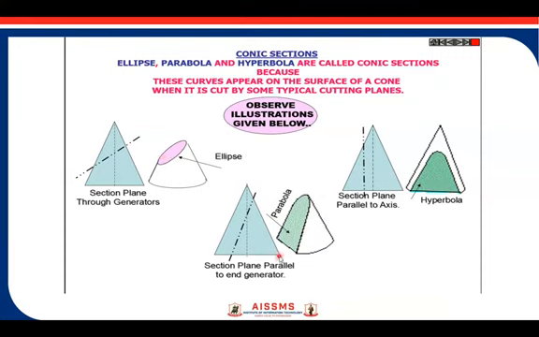For the parabola, when you are cutting the cone parallel to the generator, it will form a parabolic shape. And for the hyperbola, we have to cut the cone parallel to the axis. So the shape which is formed will be a hyperbola.